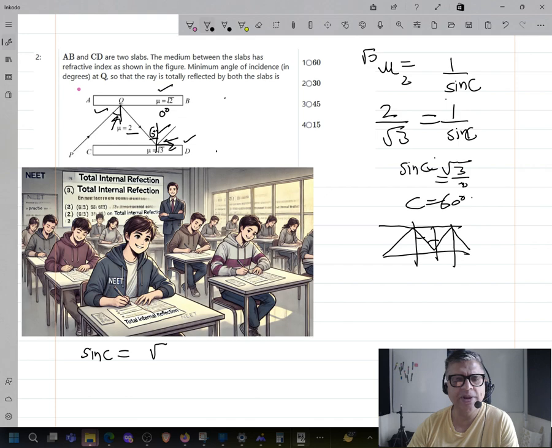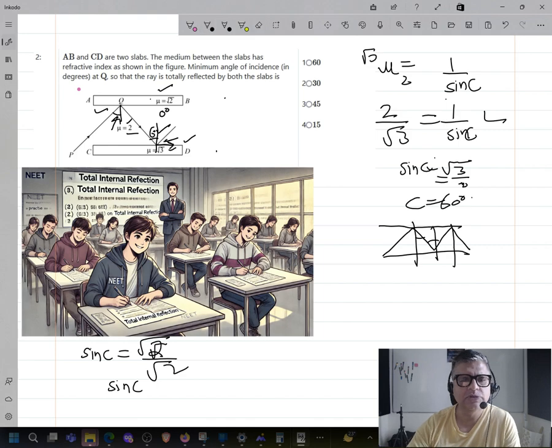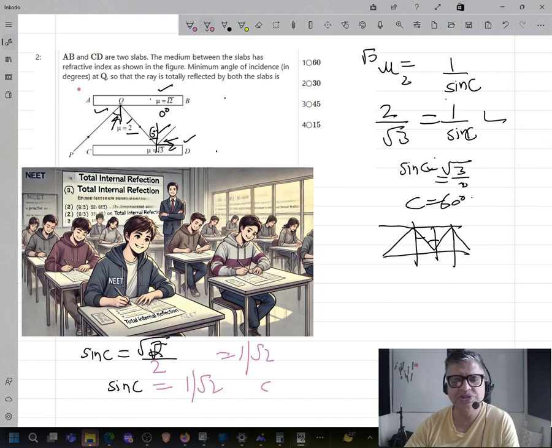Sin c is going to be √2 by 2, because we're moving from 2 to √2, which is equal to 1 by √2. So sin c is equal to 1 by √2, c is equal to 45 degrees, which means if you send the ray here at 45 degrees, you are certain that you will get a total internal reflection.